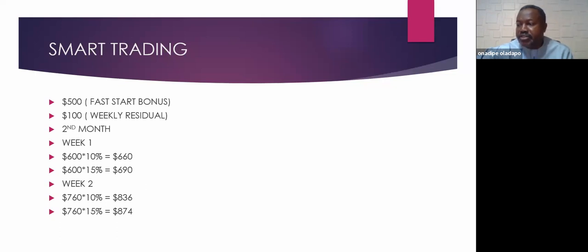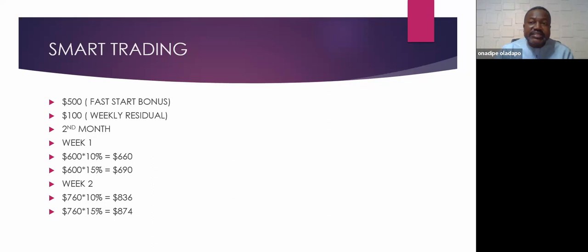So he earns $600 as fast start bonus, and he puts $500 in his trading account. Then of the $150 he earns every week as a P600, he should also put $100 in his trading account.